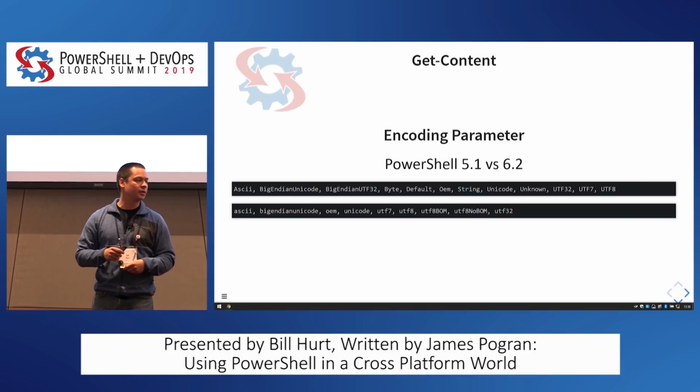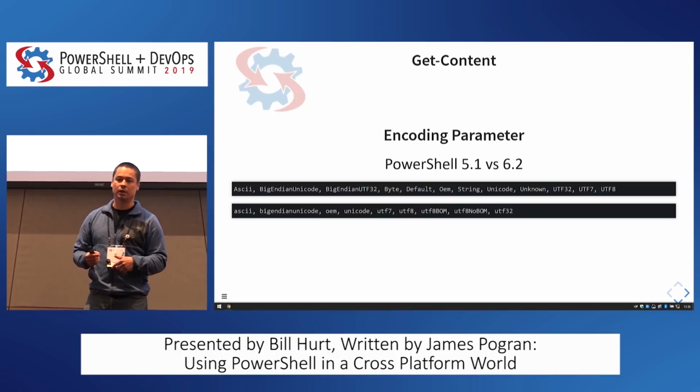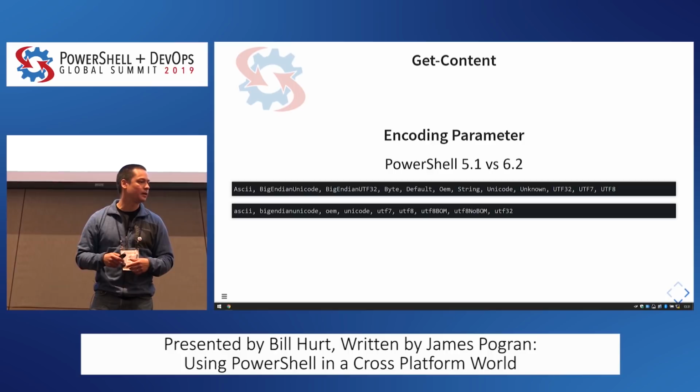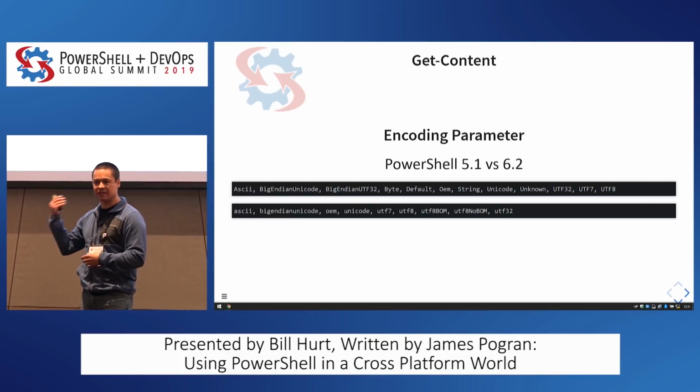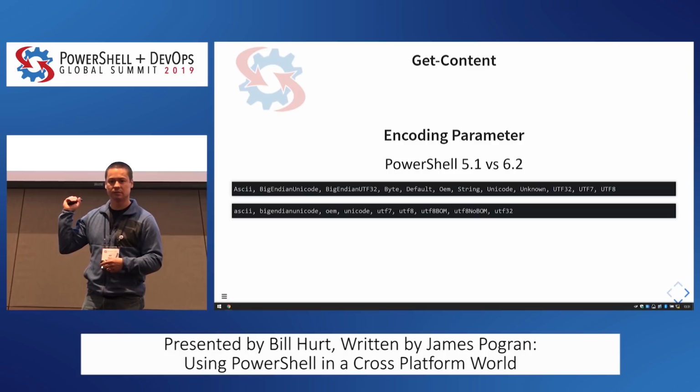It's worth noting that some commandlets have changed their implementation between 5 and 6. And this will start to hit you pretty bad if you are doing cross-platform stuff, but some of you might notice even if you're not. So this is an example where the encoding parameter still exists, but you might notice that on the lower list of available encodings, byte is gone.